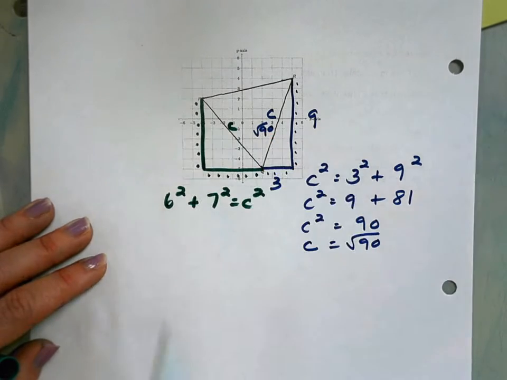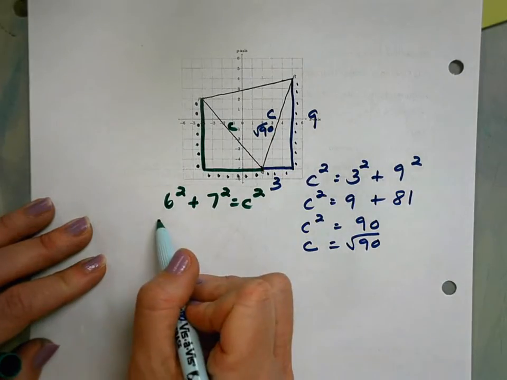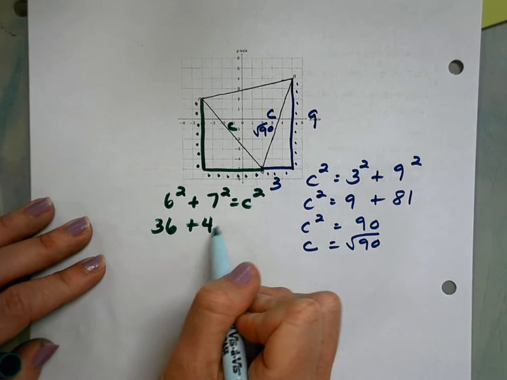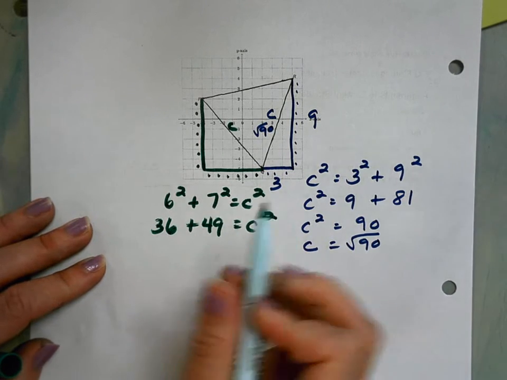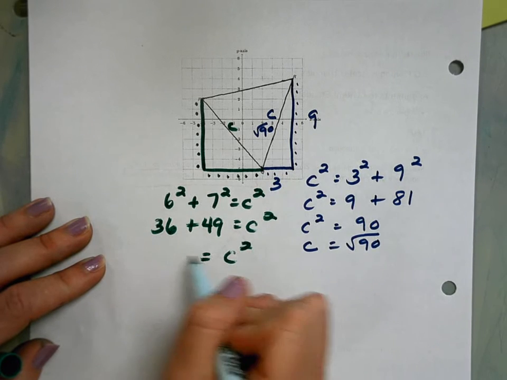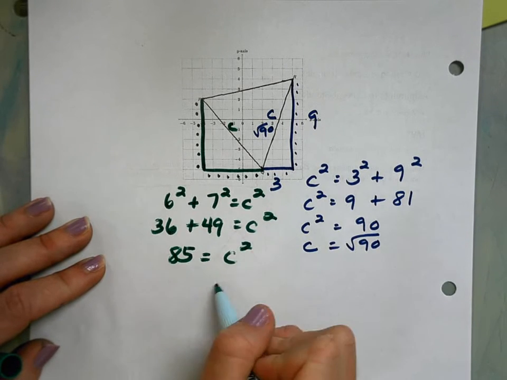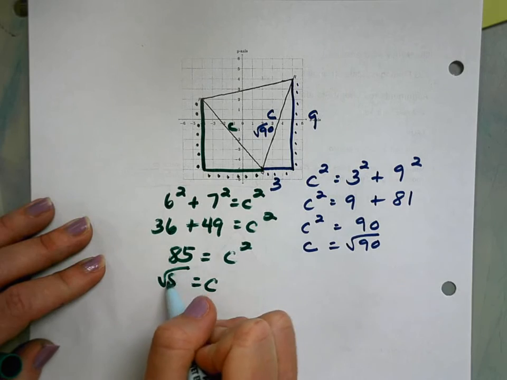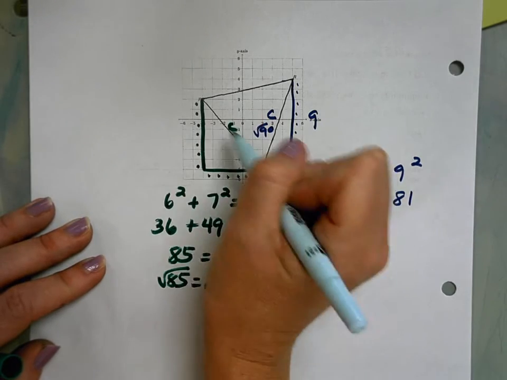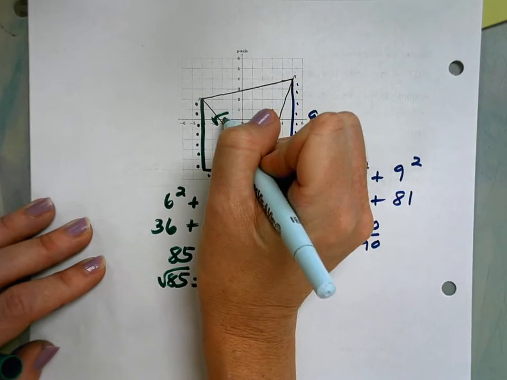So this will be my hypotenuse. 36 plus 49 equals C squared. So C squared equals 85, and C is the square root of 85. So this leg of the triangle is the square root of 85.